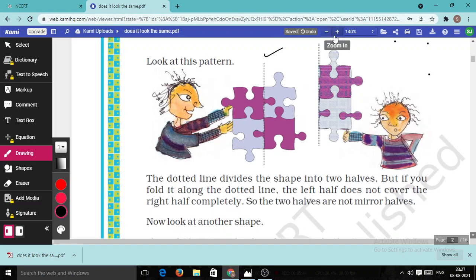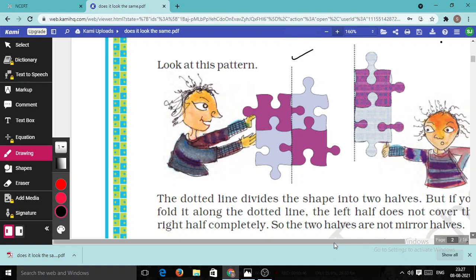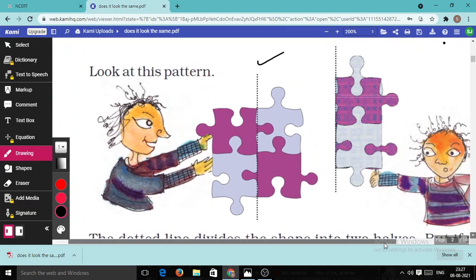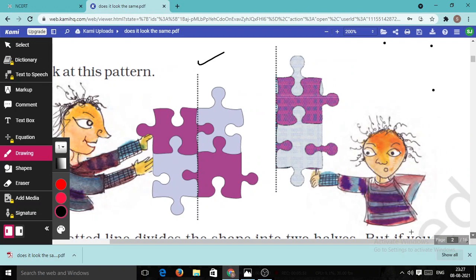How do they look? Look here. We'll zoom in. You will find that these two parts are given to us. The first one is this line of symmetry, but not actually a line of symmetry, because it only divides into two parts, not equally.